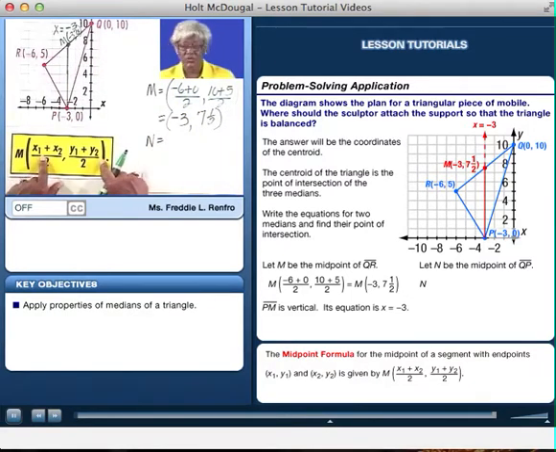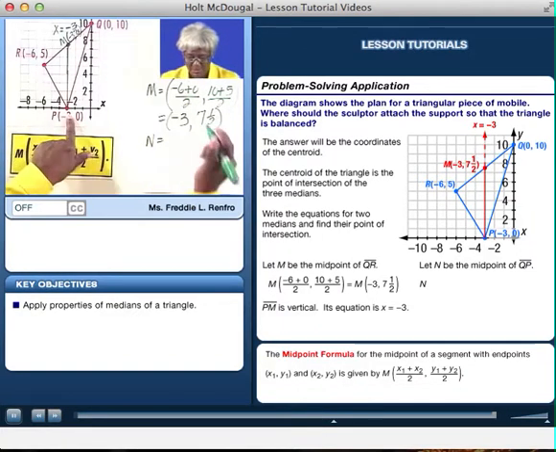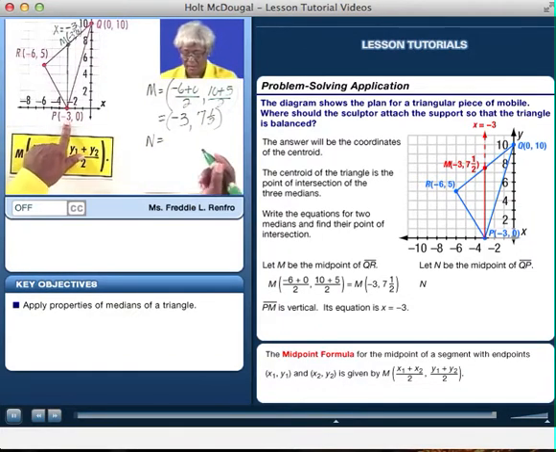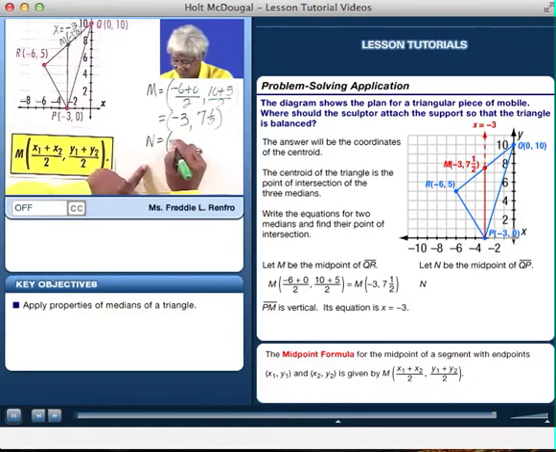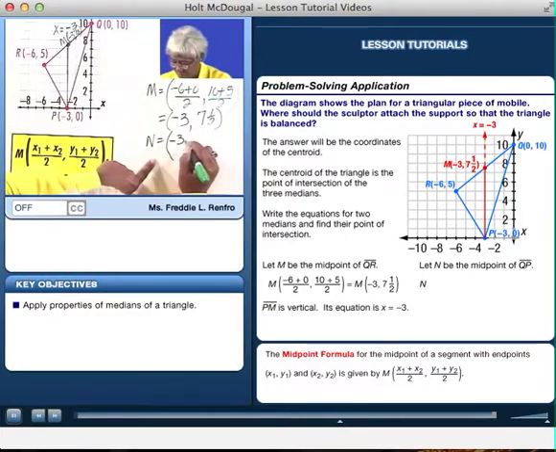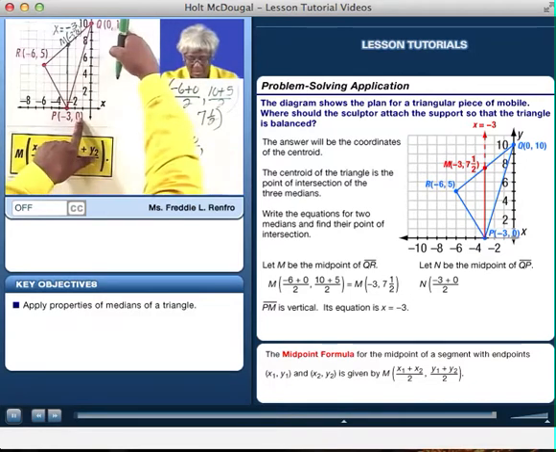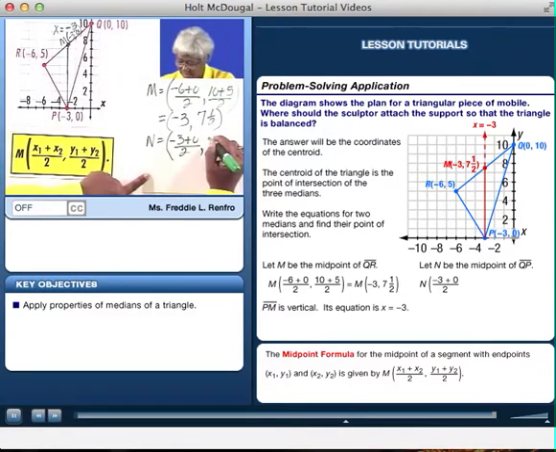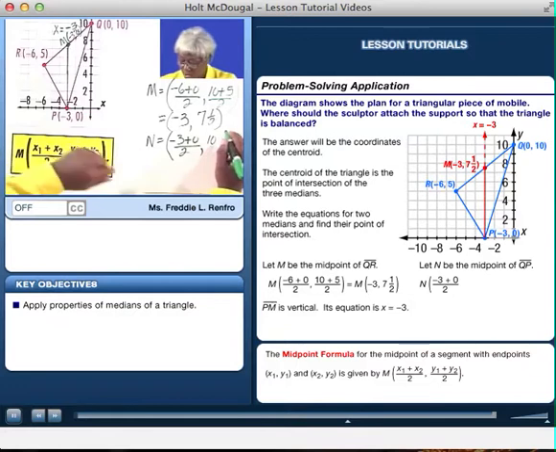Once again, I'm going to use the midpoint formula. I'm going to add the x coordinates, which are -3 plus 0 divided by 2, and I'm going to add my y coordinates, 10 and 0 divided by 2.